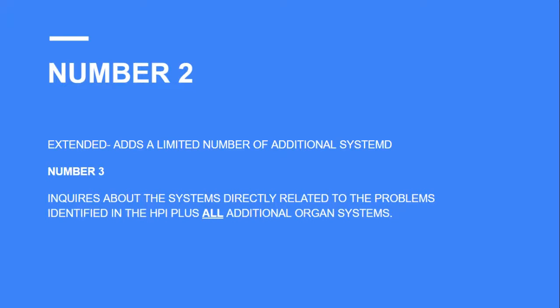And then number 3 inquires about the systems directly related to the problems identified in the HPI, plus all additional organ systems. So what if you had musculoskeletal, then you had neurologic, and then it moved on to psychiatric? You see how it can build. It can be bigger than just the musculoskeletal system.